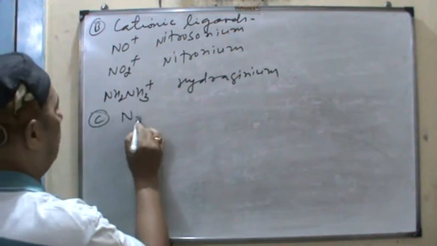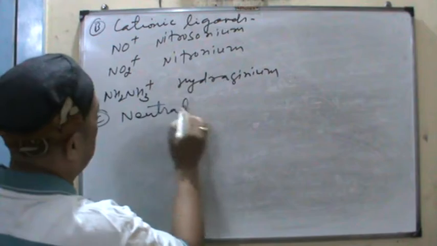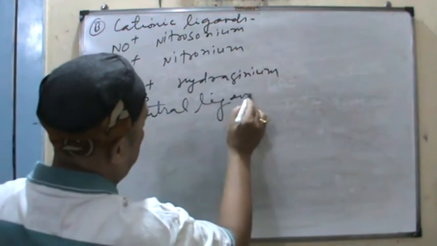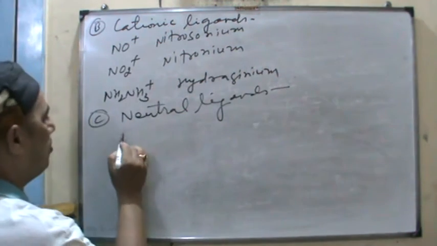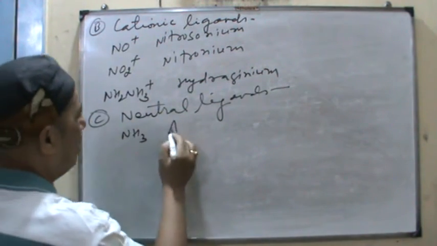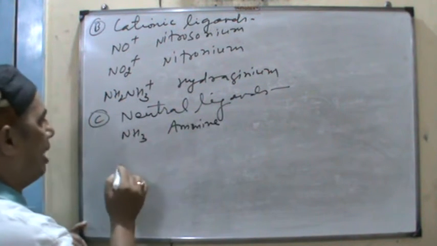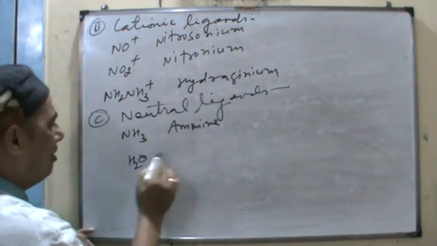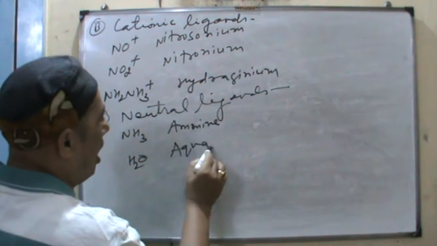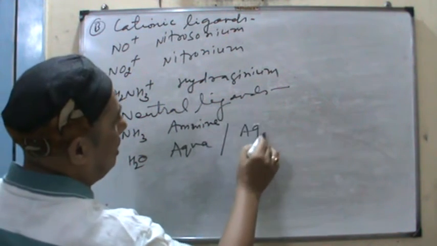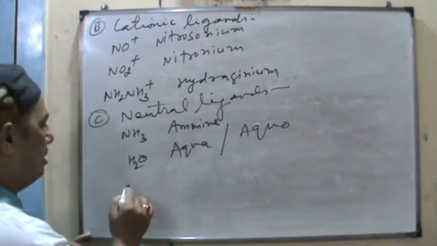Third is the neutral ligand. They do not carry any charge. If NH3 is there, here we have to use the word ammine, AMMINE. Water: either you can use aqua, or you can say aquo.